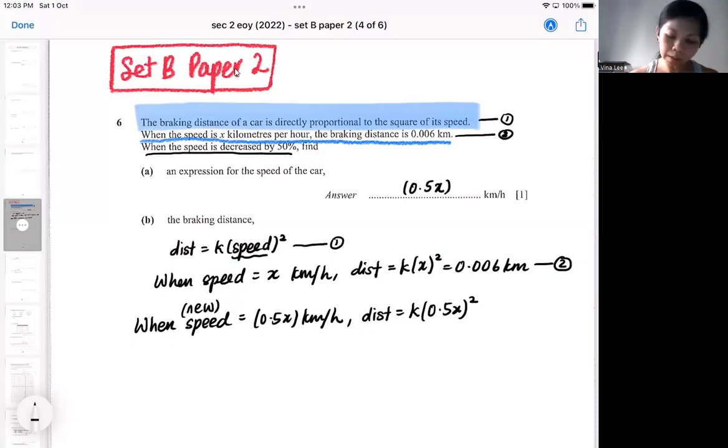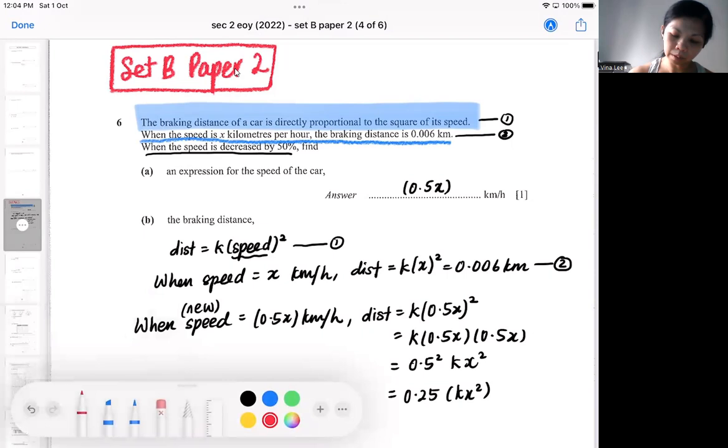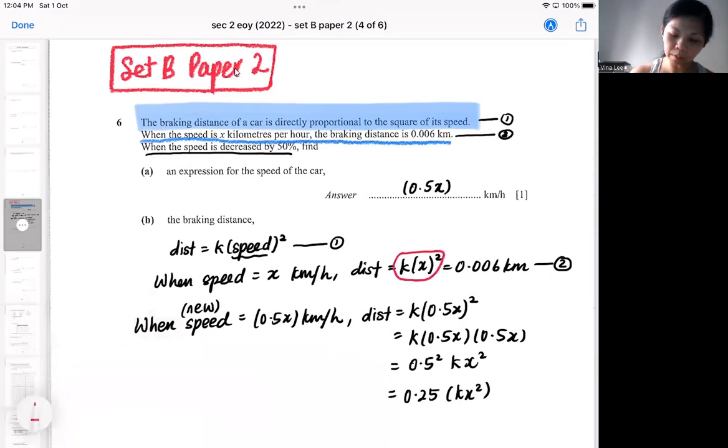The next thinking will be some algebra simplification. You do some algebra simplification, you got to do some reshuffling. As you do some reshuffling, that's where you can use your 0.006, because this is a representation of 0.006.